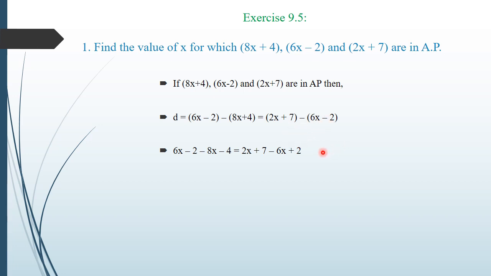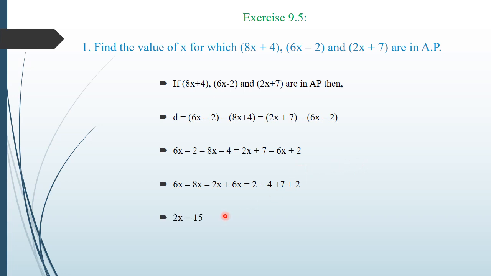Now, I will bring all the like terms to one side, that is 6x minus 8x. This plus 2x will become minus 2x when I get it on the left side. Minus 6x will become plus 6x when I get it on the left side. Then this minus 2 I brought it here, that is plus 2. Minus 4 becomes plus 4. Plus 7 as it is, plus 2 as it is.